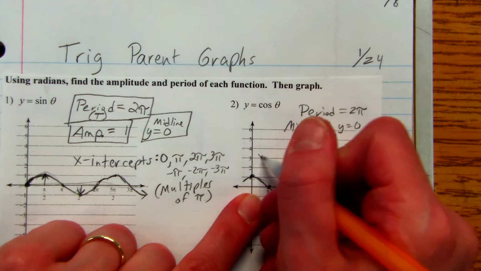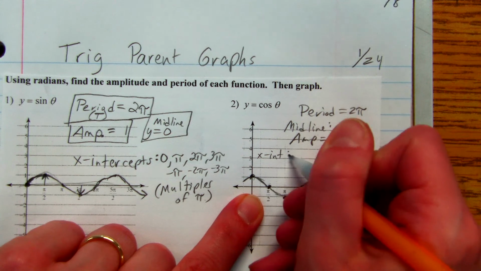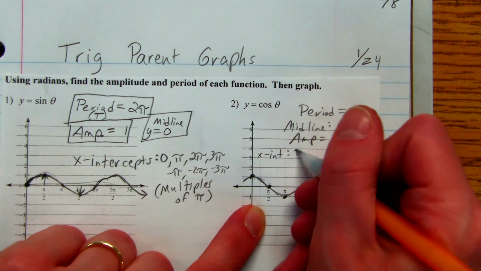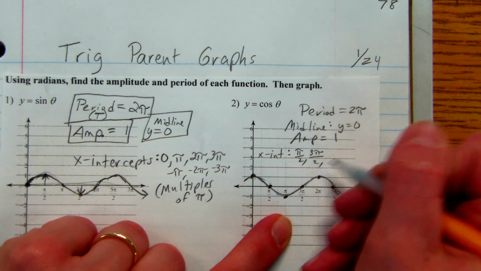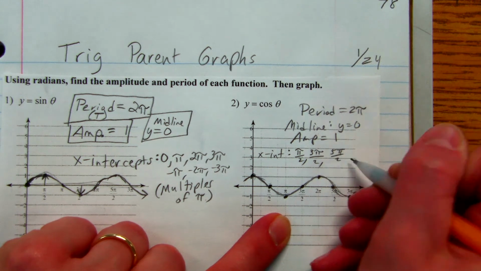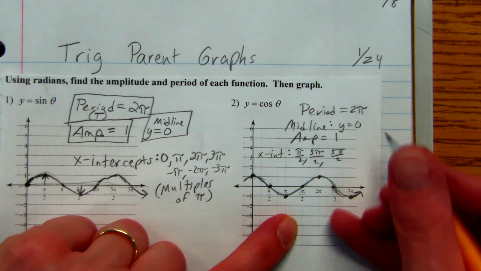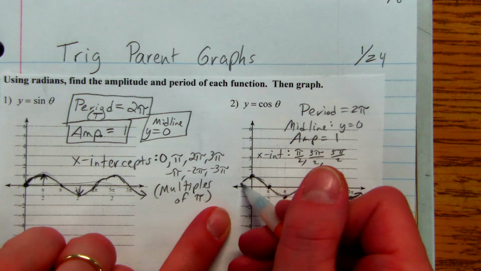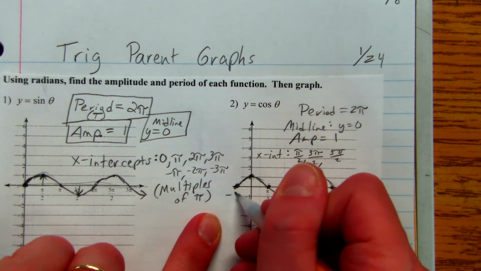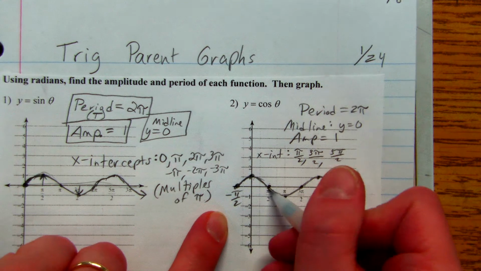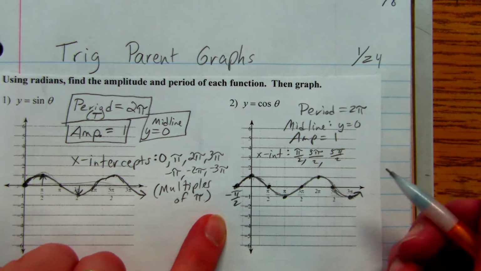So our x-intercepts are going to be fractions. Pi over 2, 3 pi over 2, 5 pi over 2, and it would keep going. And you could go back in the negative direction. This graph is actually symmetric. If I took it over here, this would be negative pi over 2. And so these would all repeat exactly the same thing on the left side.